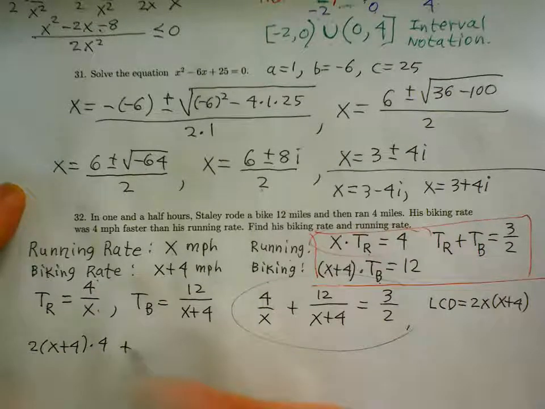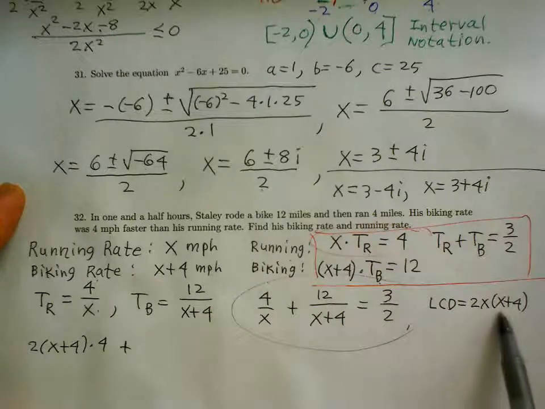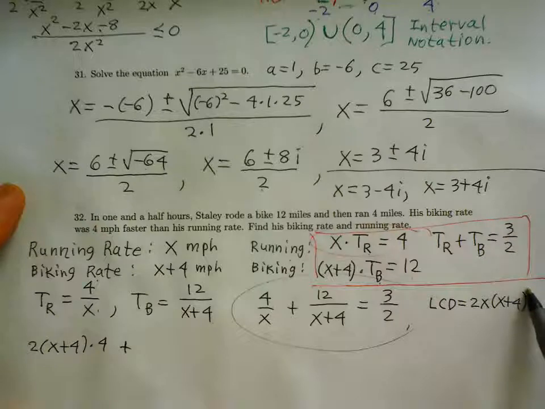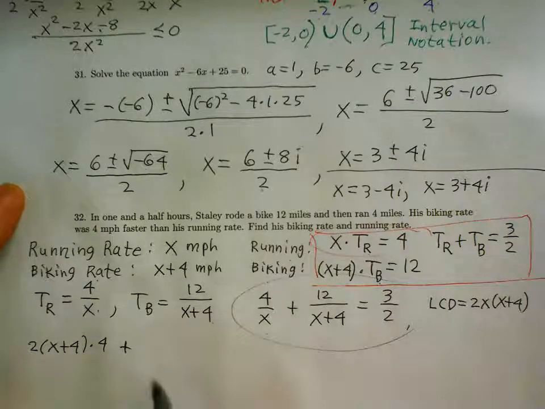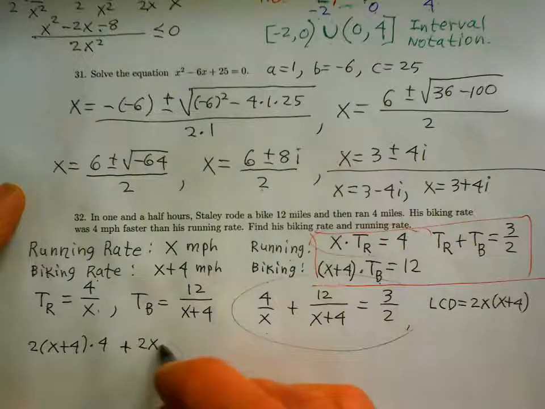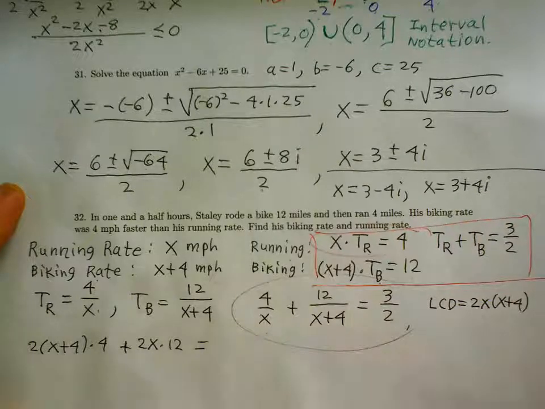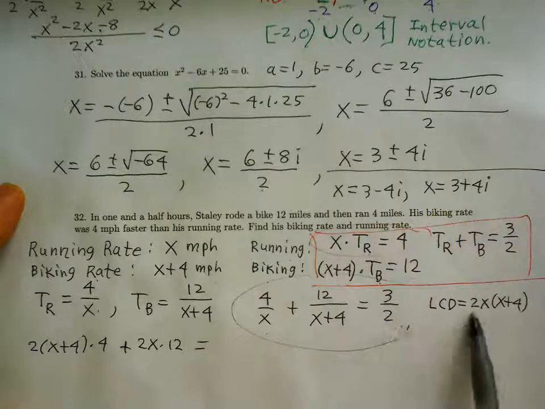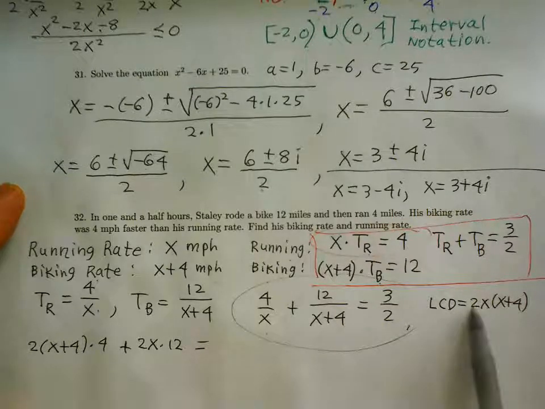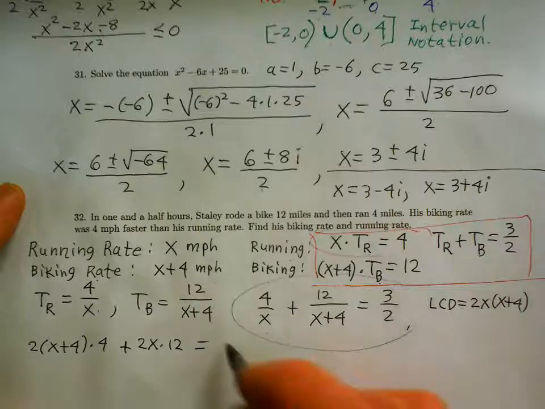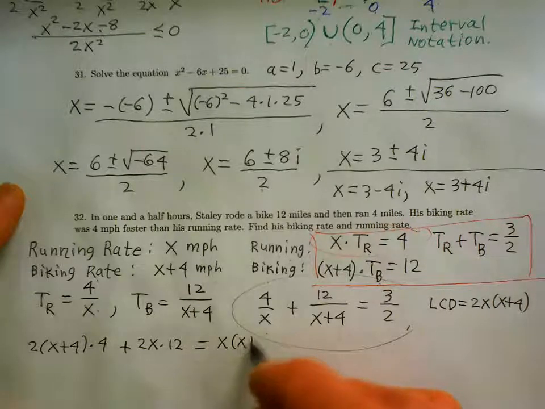Then when we multiply 12 over x plus 4 times 2x times x plus 4, this time the x plus 4 factors cancel. So we'll have 2x times 12. And then on the right-hand side, multiply 3/2 times 2x times x plus 4. This time the 2's will cancel. So we'll get x times x plus 4 times 3.